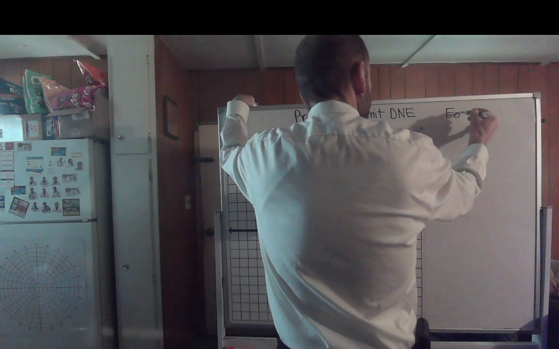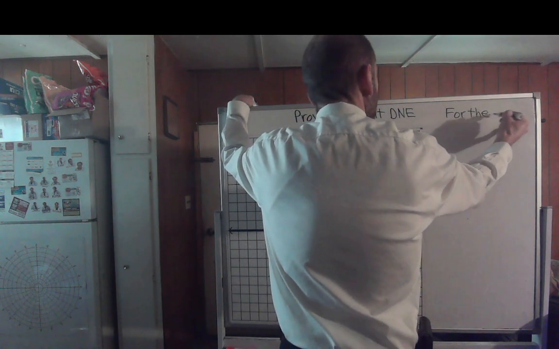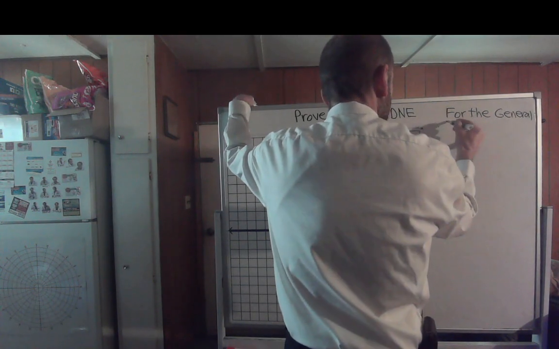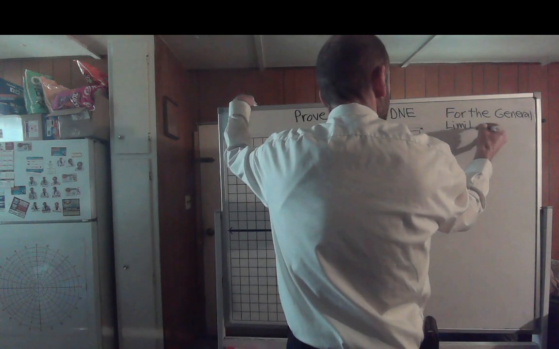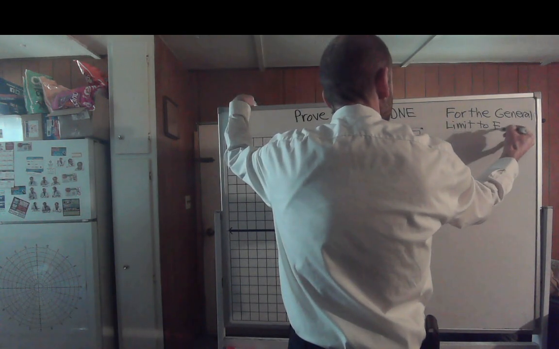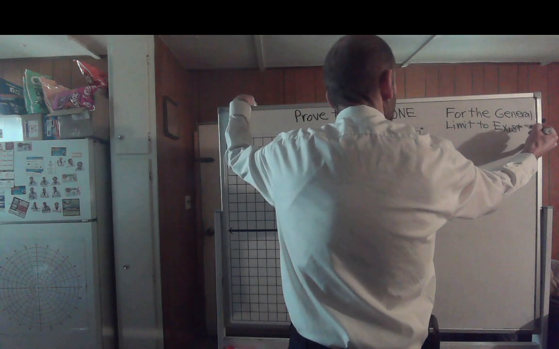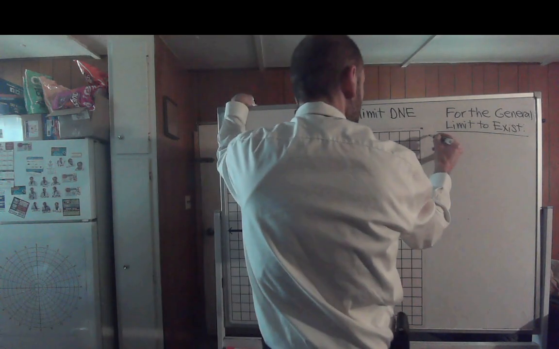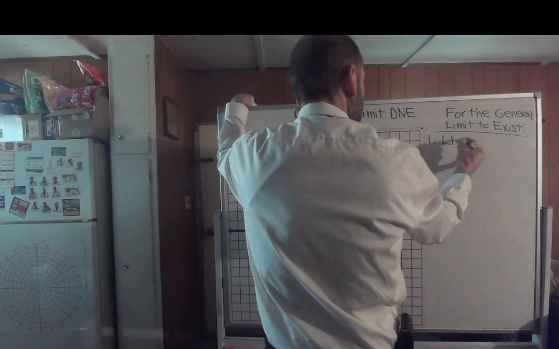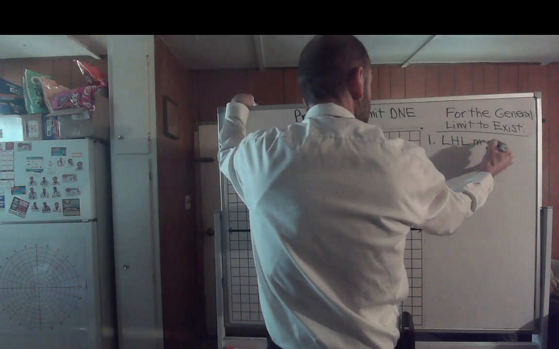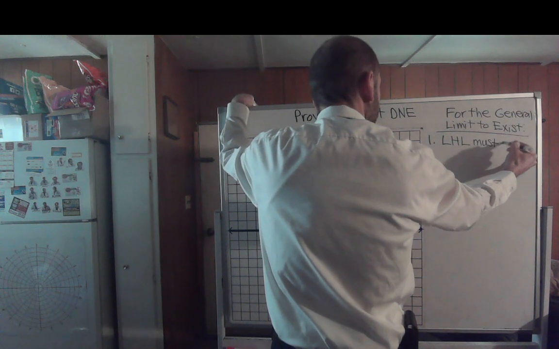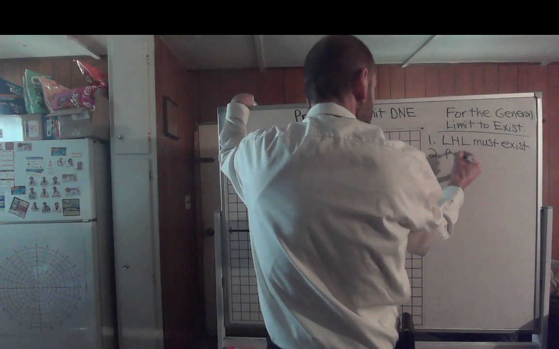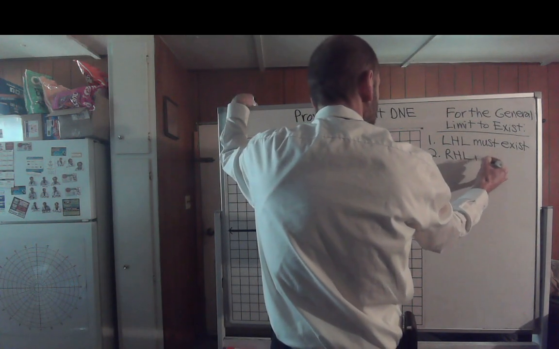Let's recap this here. For the general limit to exist, 1, the left-handed limit must exist. 2, the right-handed limit must exist.